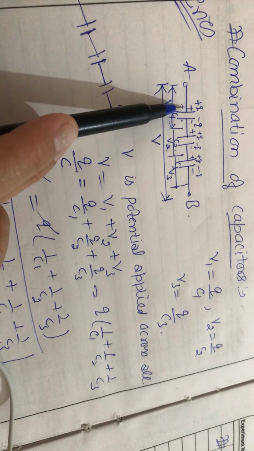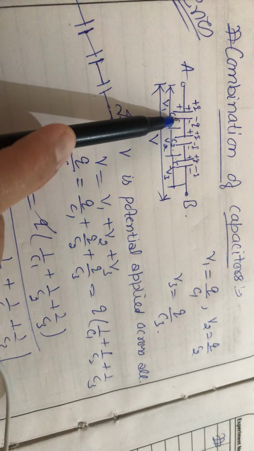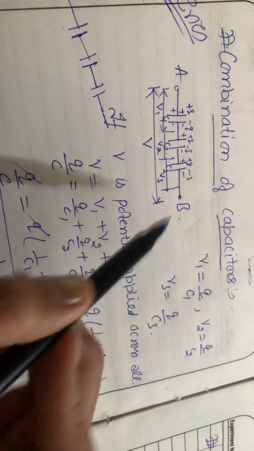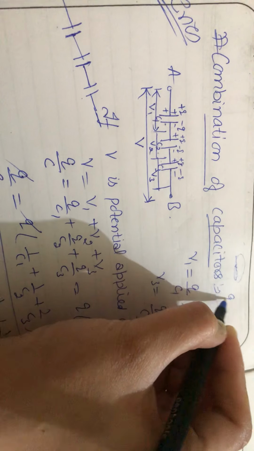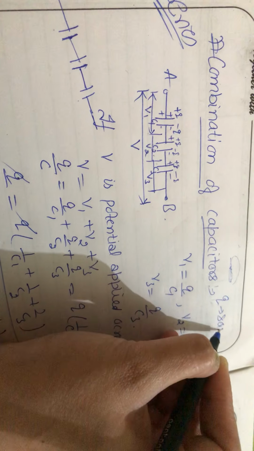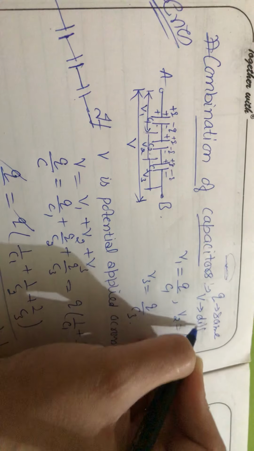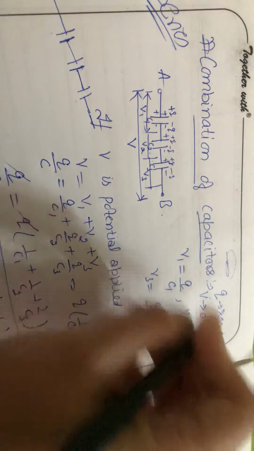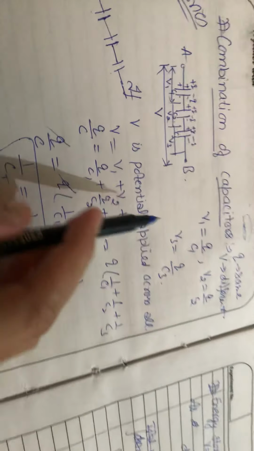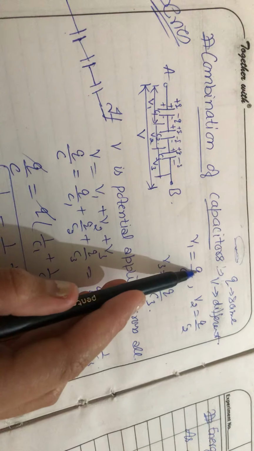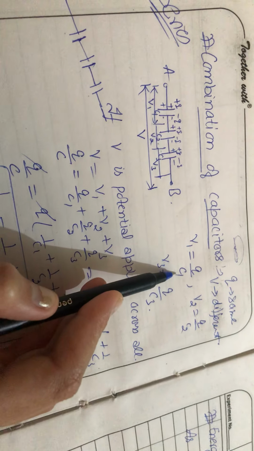One plate will have positive Q and the other plate will have negative Q. Plus Q, minus Q, plus Q, minus Q, and Q will remain the same, and the potential difference is different. So according to the formula, as we know, the potential difference across a capacitor is the charge stored divided by the capacitance of the capacitor.